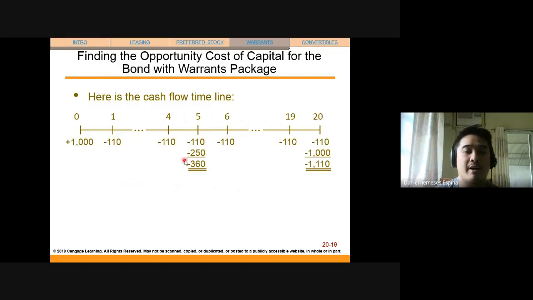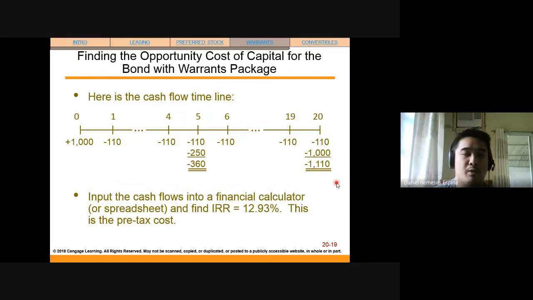However, for those exercising the warrants on year 5, the total opportunity cost is 250. So we include it in the computation of the total present value. That's why on year 5 you have a total cash outflow of 360. Then we get the IRR, or internal rate of return, using the financial calculator or the spreadsheet.